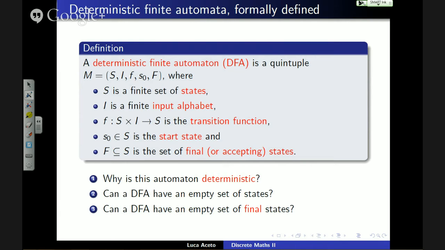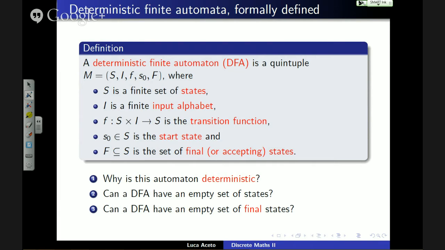Now, why is this automaton deterministic? Okay, what does deterministic mean to begin with? Deterministic means that the machine, when it is fed with an input string, will always do exactly one thing.